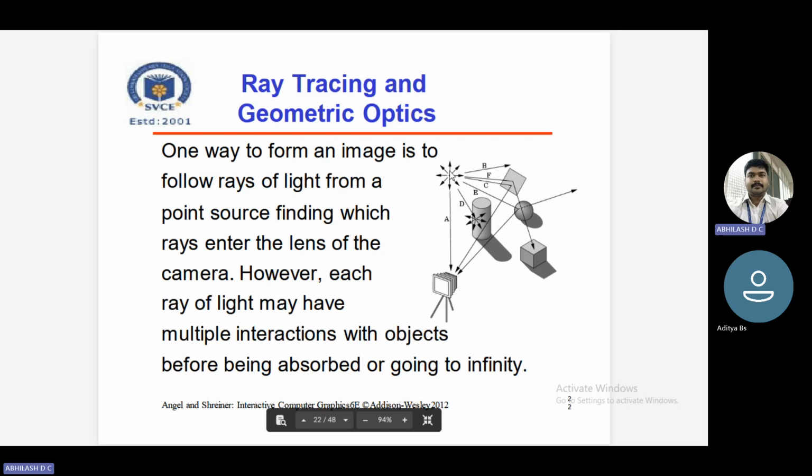Here this light source is generating multiple rays of light, from A, B, C, D, E, F. Can you see? So how does the object behave when a ray of light falls on it? For example, if it is a cylinder, when ray D falls on the cylinder, the ray gets scattered in many directions because it is not a flat surface, it is a curved surface.